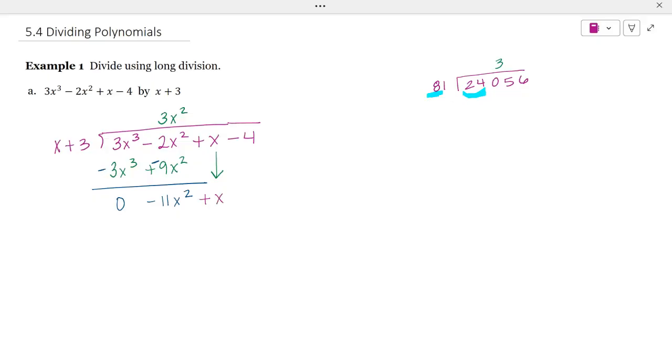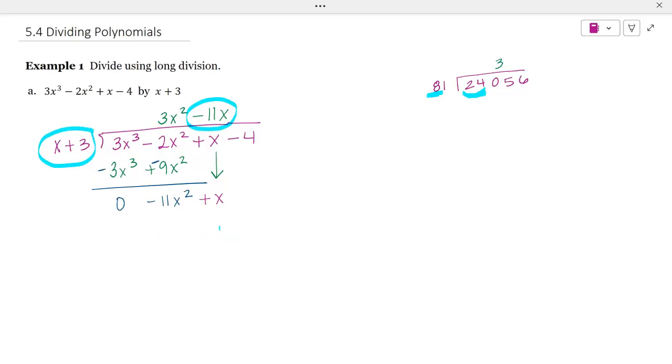So I'm going to go back and look at this x, and I want to know what I would need to multiply by to get negative 11x squared. That would be minus 11x. Again, I'm lining up the terms that both have an x in them. And then we will multiply. We're multiplying negative 11x times x plus 3, and we're going to write it down here.